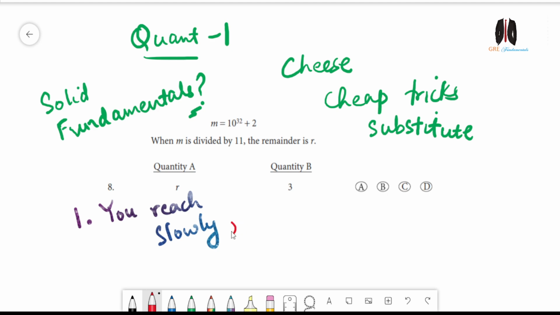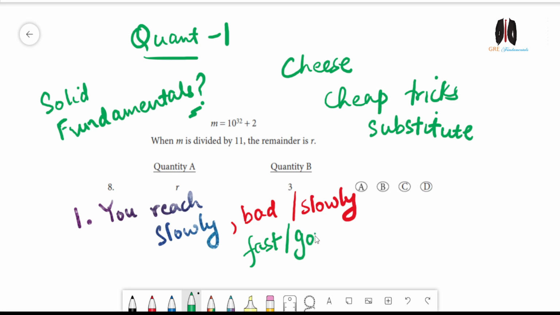At first it's going to be bad, because you'll be going slowly. But once you hone your technique, you'll be going way faster. And you'll get the right answer, and that will be 100% of the time.